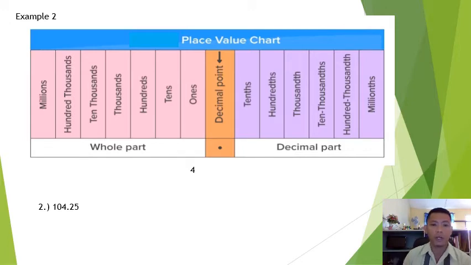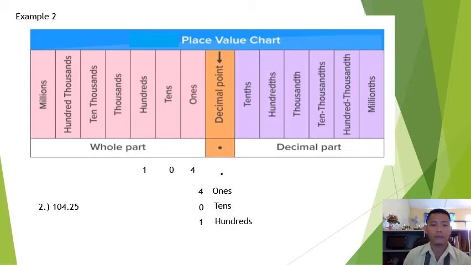You may start in 4 or in 1, or from left to right or vice versa. Okay? So the place value of 4 here is, yes, ones. Place value of 0 is tens. And we put 1 in hundreds, so the place value of 1 is hundreds.